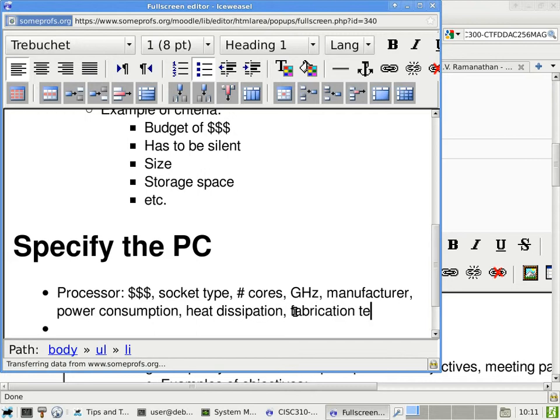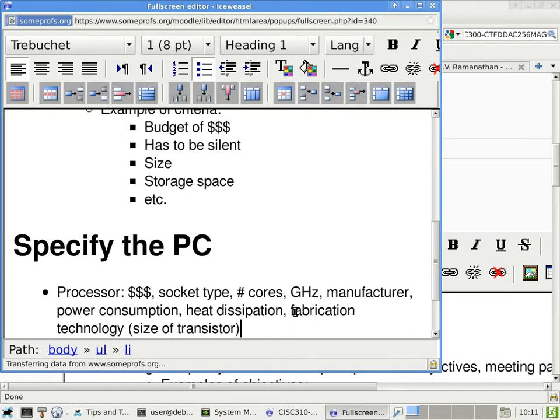It's called fabrication technology, or size of transistors. Are you specifying something that uses the 45 nanometer process, or something that uses the 32 nanometer process? That has direct impact on power consumption as well as the speed of the processor. We talked about cache. You don't have to make the distinction between level 2 and level 3 cache.